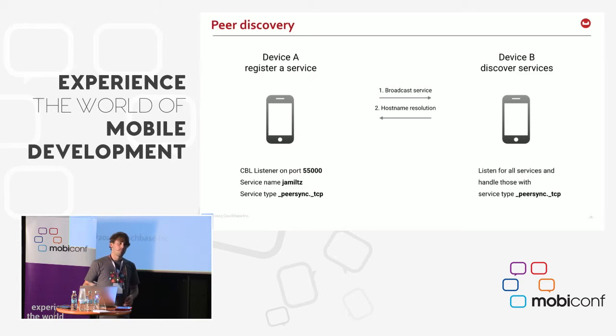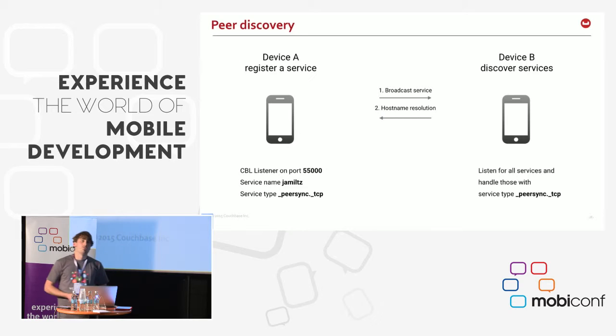And then device B decides that it wants to connect to device A, so it sends a request to say, I want to resolve the host name. The host name isn't resolved until device B explicitly wants to connect to device A. The reason is that hostname resolution over multicast DNS can take a while, up to 2 seconds.